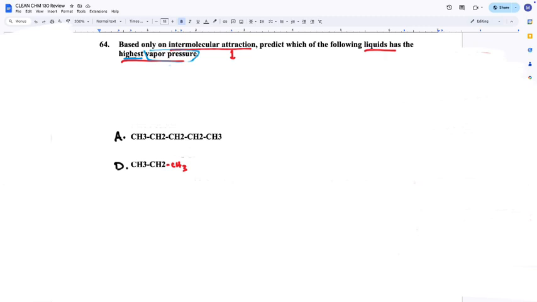No. That fewer spaces of contact means I have less potential interactions. Less potential interactions means really easy to go up into the gas state. So structure D is going to have a much higher vapor pressure than A, because it has less potential to make the interactions between those 2 substances.